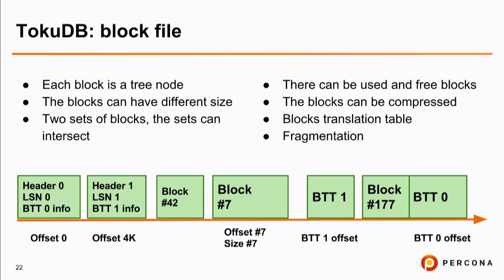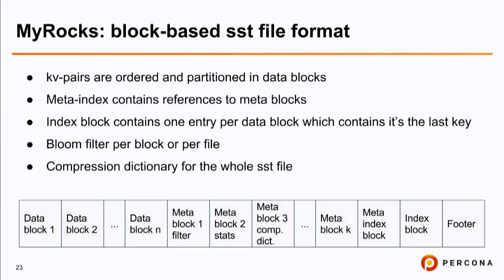And another problem is fragmentation. The blocks are big enough for compression, for example 1 megabyte or 4 megabytes. It can be tuned. For MyRocks, there are actually two SST file formats, but let's consider here the block-based SST file format.